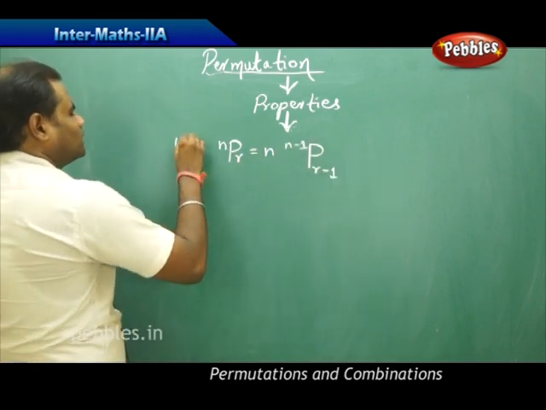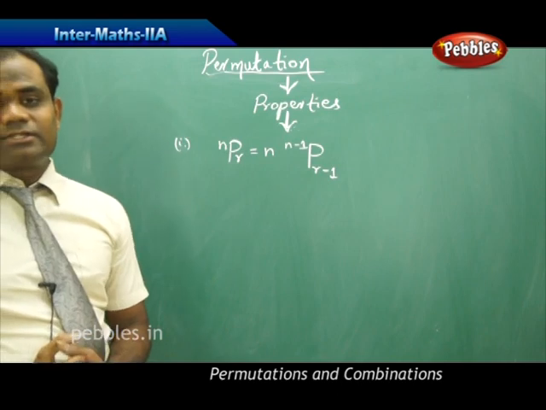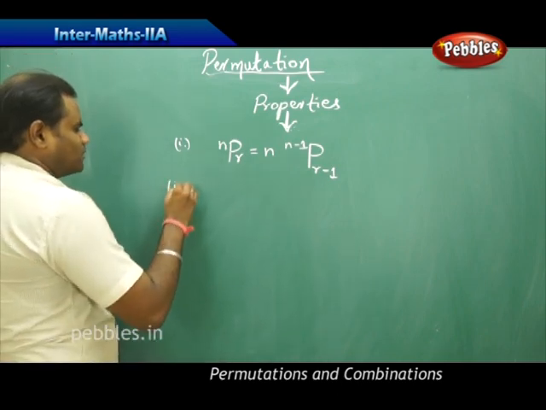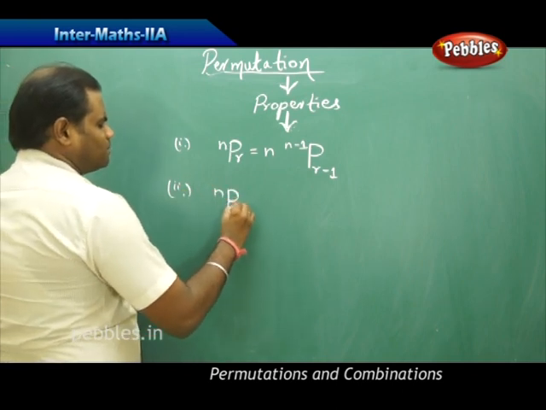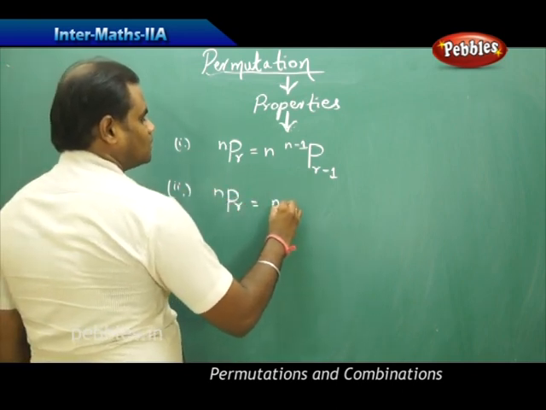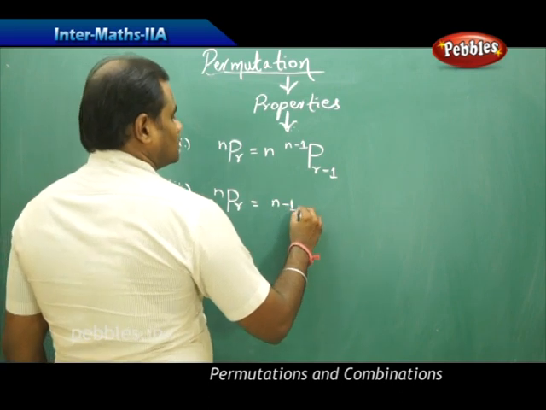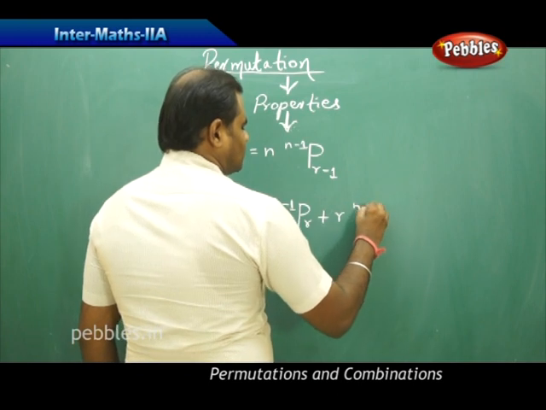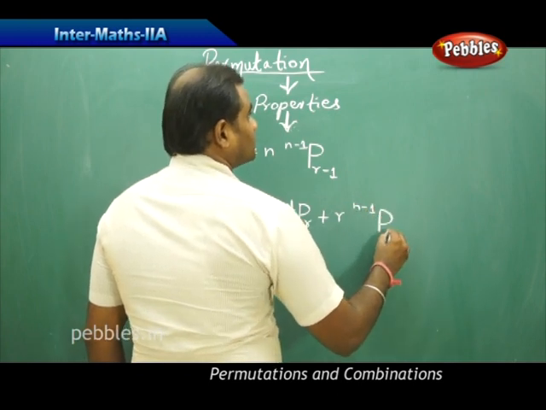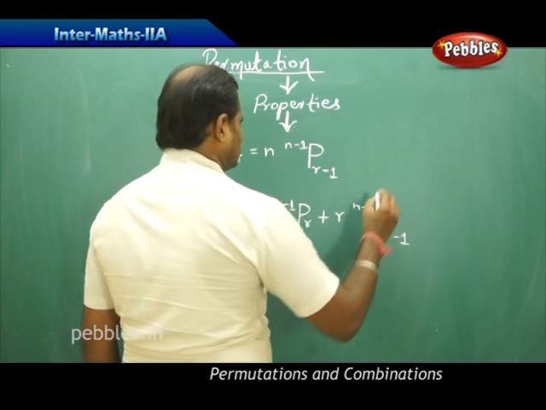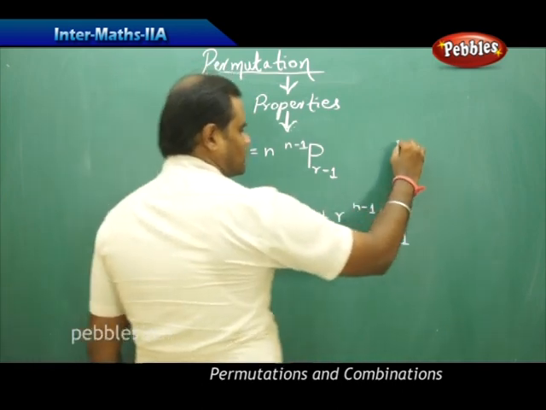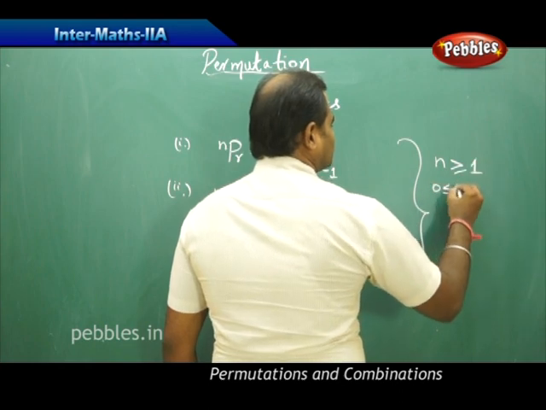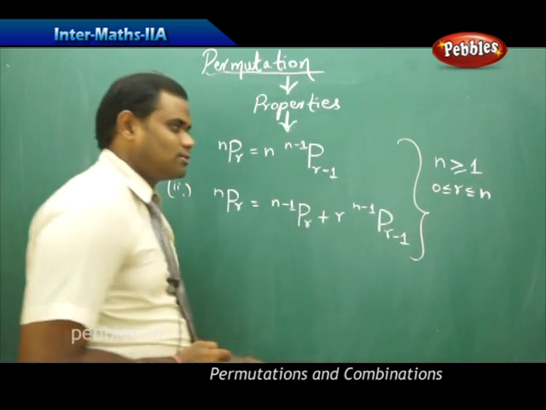Similarly, the second property is nPr is n minus 1 P r plus r times n minus 1 P r minus 1, where n is greater than or equal to 1 and 0 less than or equal to r less than or equal to n.